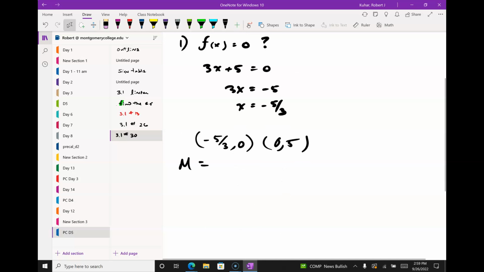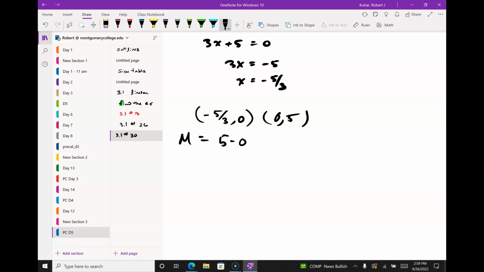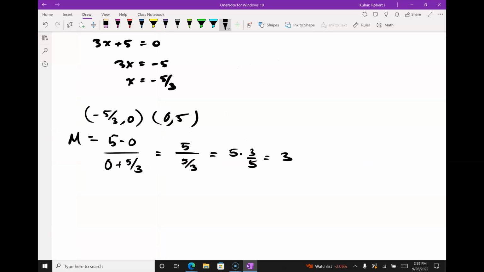So the slope there is what? 5 minus 0 over 0 minus a negative 5/3. So I do keep, change, flip. And I get 3. Anyway, back to the problem.